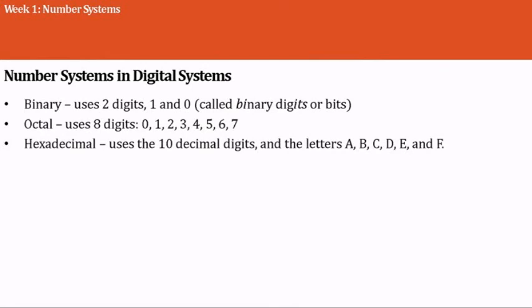And hexadecimal uses the 10 decimal digits plus the letters A, B, C, D, E, and F. A is equivalent to decimal 10, B is 11, C is 12, D is 13, E is 14, and F is 15.